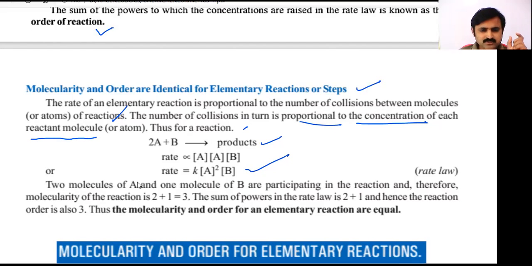Here 2 molecules of A and 1 molecule of B participate in the reaction, so the molecularity of the reaction will be 3. The sum of the powers in the rate law is also 3.